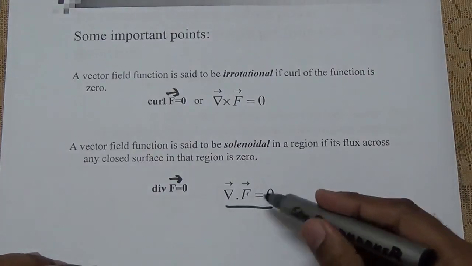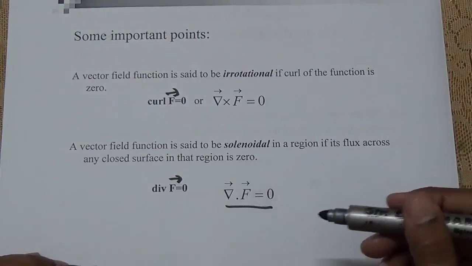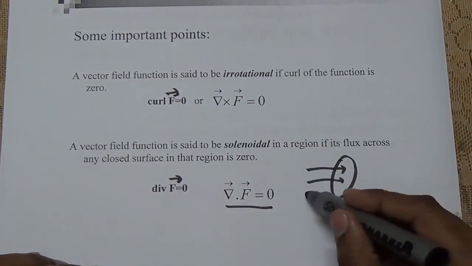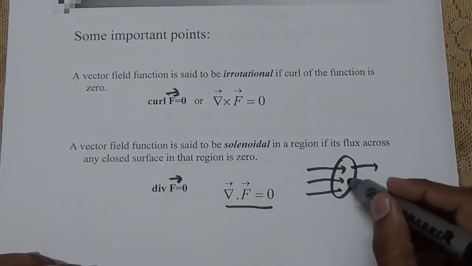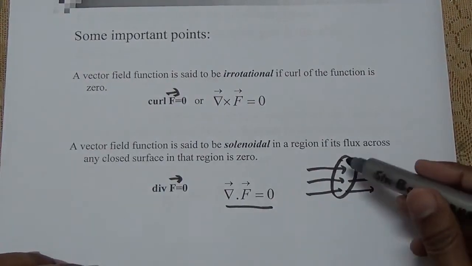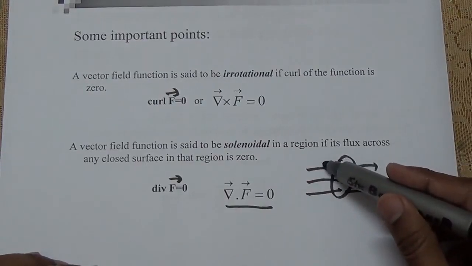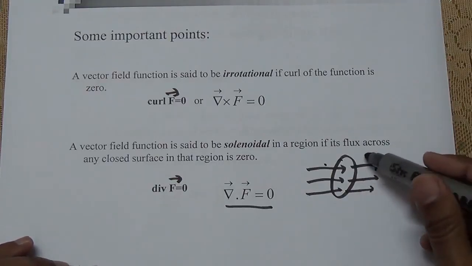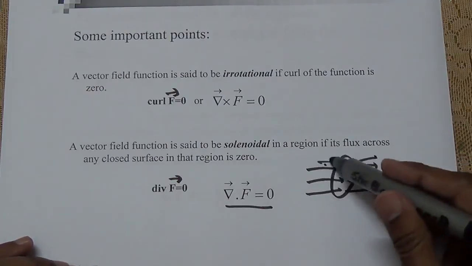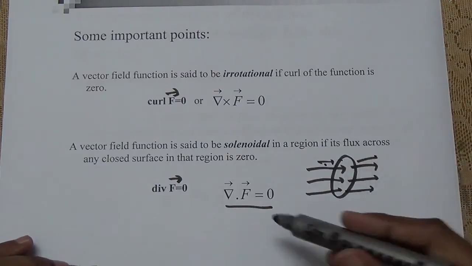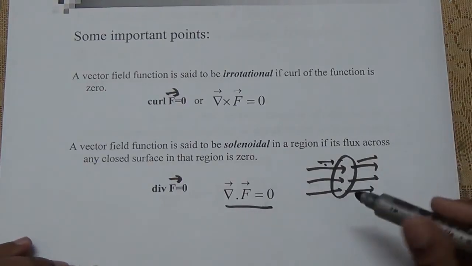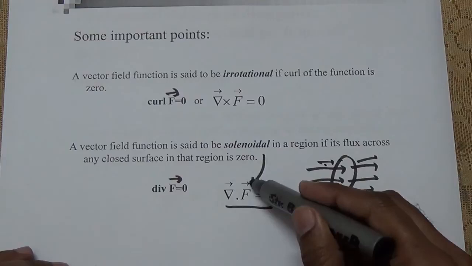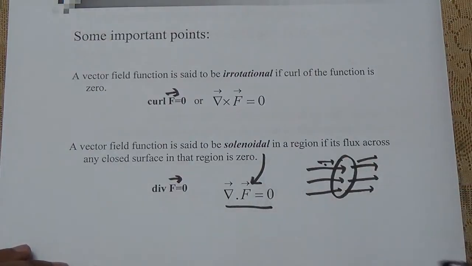If the divergence of a vector field function is equal to 0, you have seen this example. Where is the divergence 0? When you use an open surface and the flux entering through the first face equals the amount coming out from the other face, that means divergence f is equal to 0. So it is like a solenoidal field.